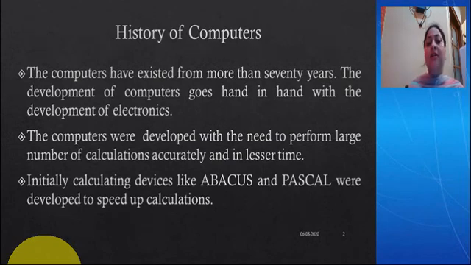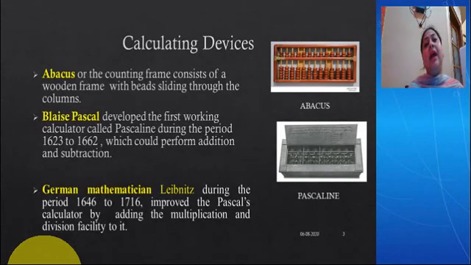Initially, calculating devices like abacus and Pascal were developed to speed up calculations. The abacus, also called the counting frame, consists of a wooden frame with beads sliding through the columns. Blaise Pascal developed the first working calculator called Pascaline during the period 1623 to 1662, which could perform addition and subtraction.